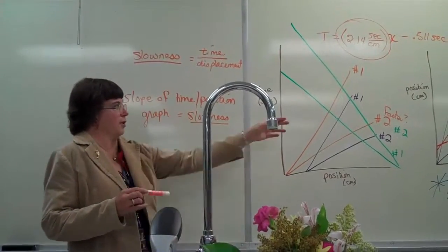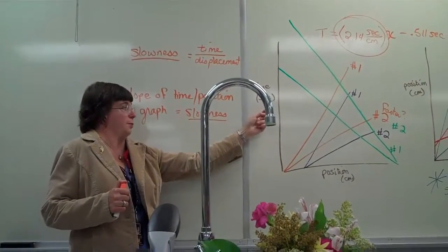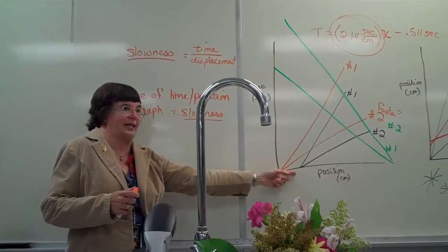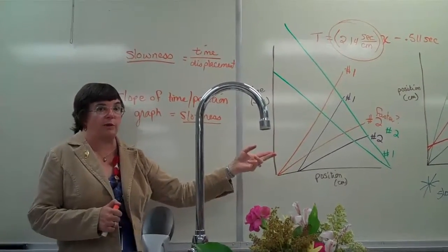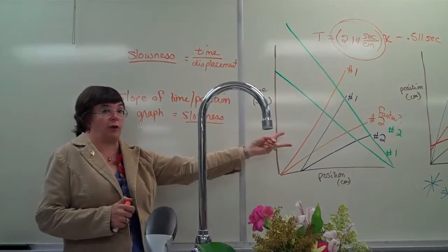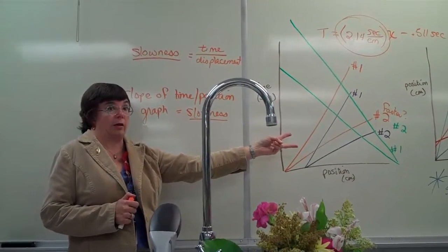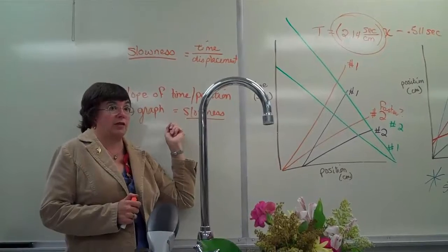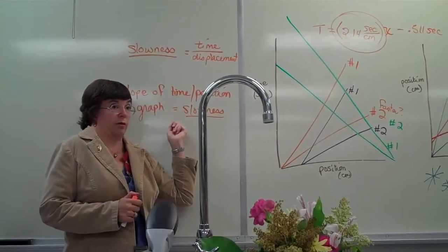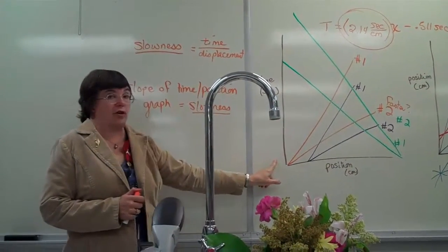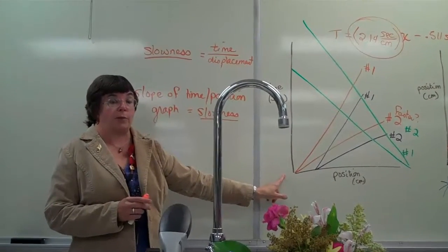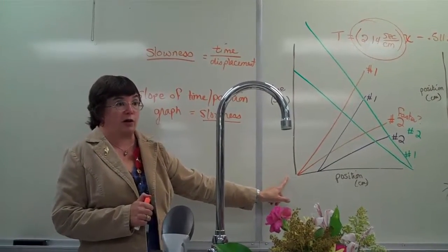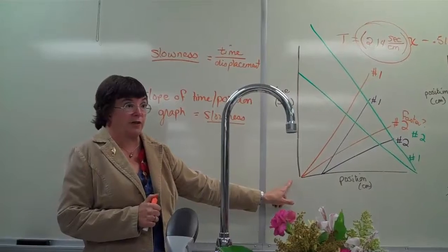So for this graph, if time was your dependent variable, if position was your independent variable, you're going to do the same things. 2 line equations, one for each line. What does the slope mean? For your graph, the slope means slowness. You know whether you should have a 0 y-intercept or not because you were assigned where to start for position and where to start for time.